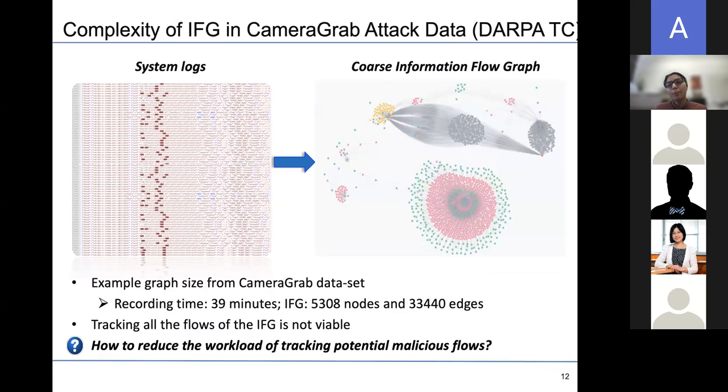So the question we pose is, how do we reduce the workload of tracking potential malicious flows, and basically extract the relevant information from this graph? The key idea is that the ratio of malicious flows to nominal flows is very small. There are very few malicious flows, because it's a stealthy attacker, and a huge amount of nominal flows, because of lots of users and lots of background noise, right?